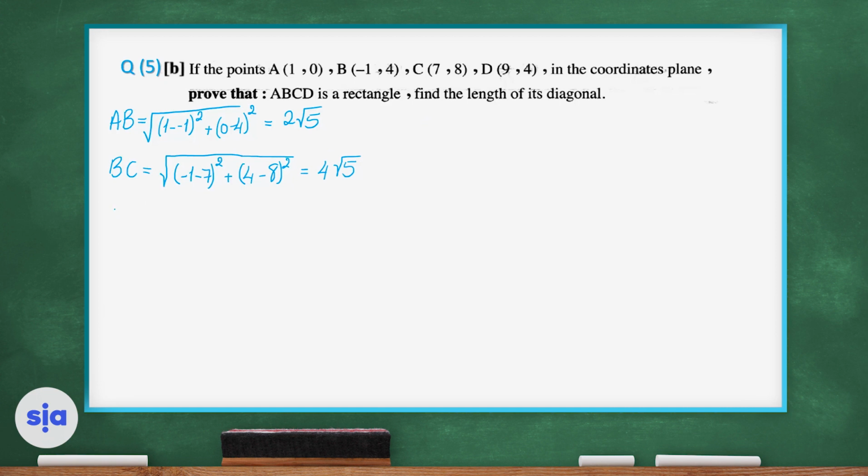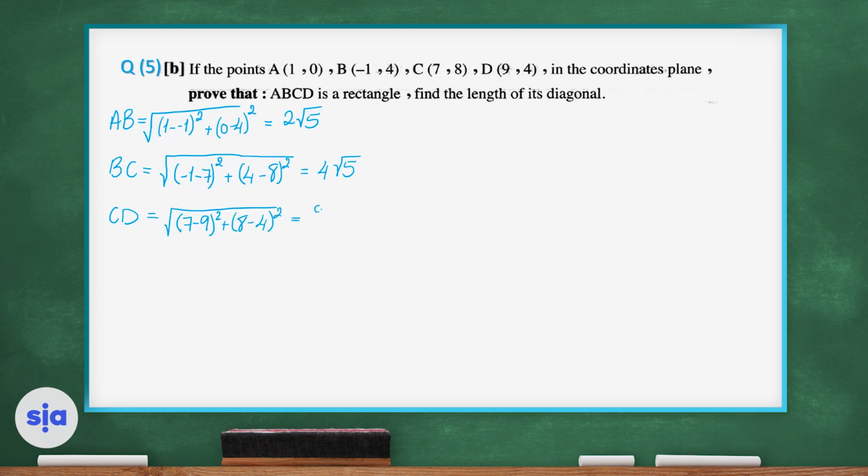By the same way, you find the length of CD, which is square root of 7 minus 9 all squared plus 8 minus 4 all squared.